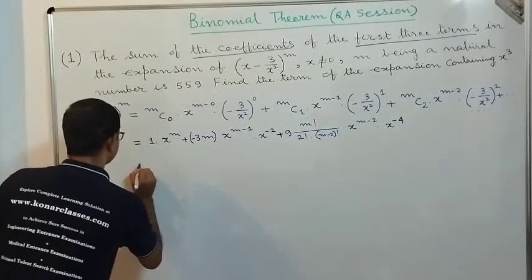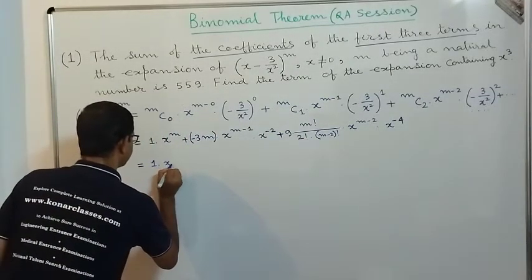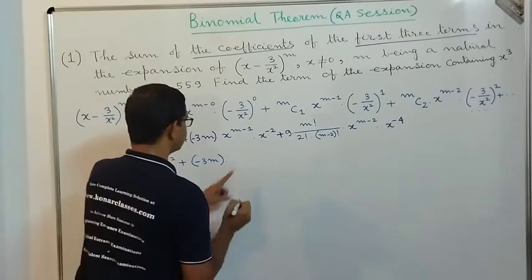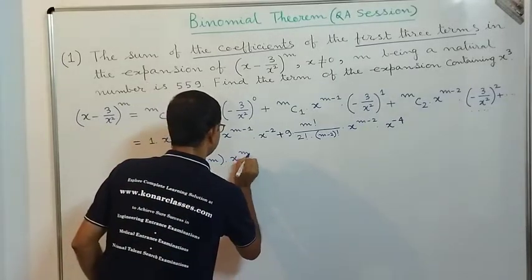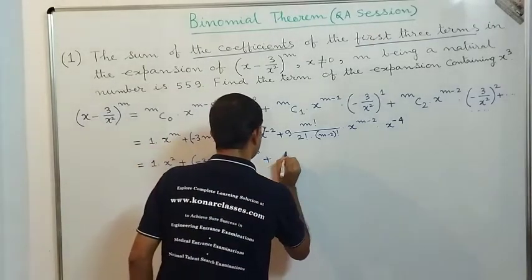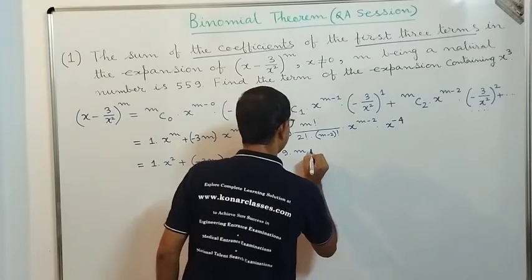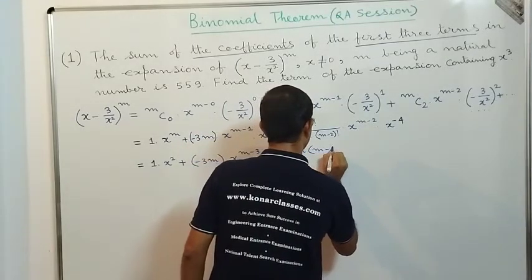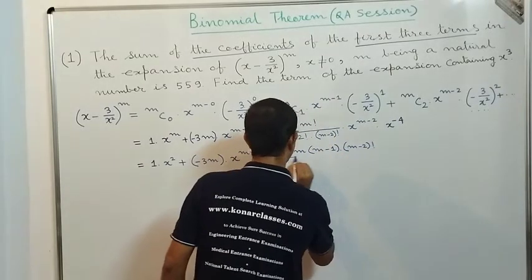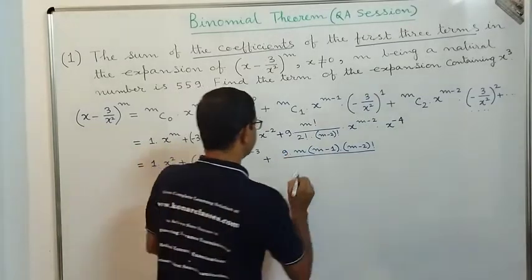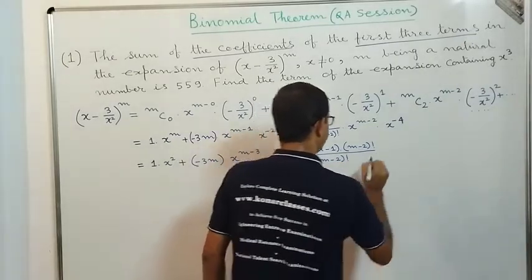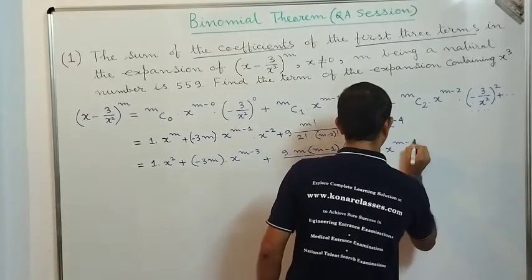So what we get here is 1 into x to the power m, plus minus 3m into x to the power m minus 3, because m minus 1 minus 2, plus 9 into factorial m, we can write m into m minus 1 into factorial m minus 2, divided by 2 factorial, which is 2, into factorial m minus 2, into x to the power m minus 6.